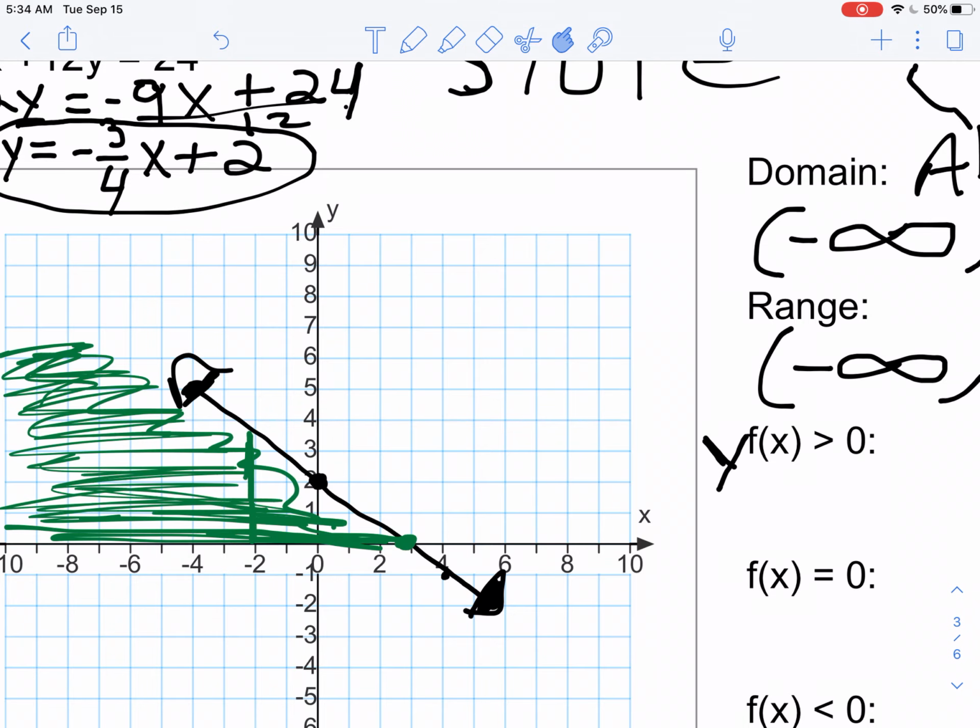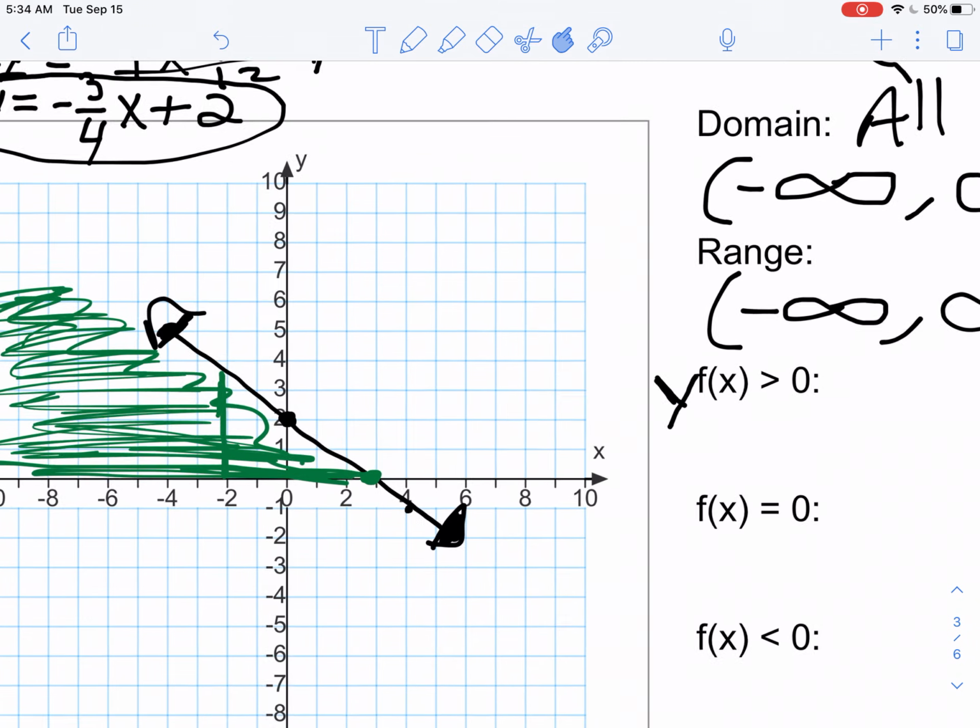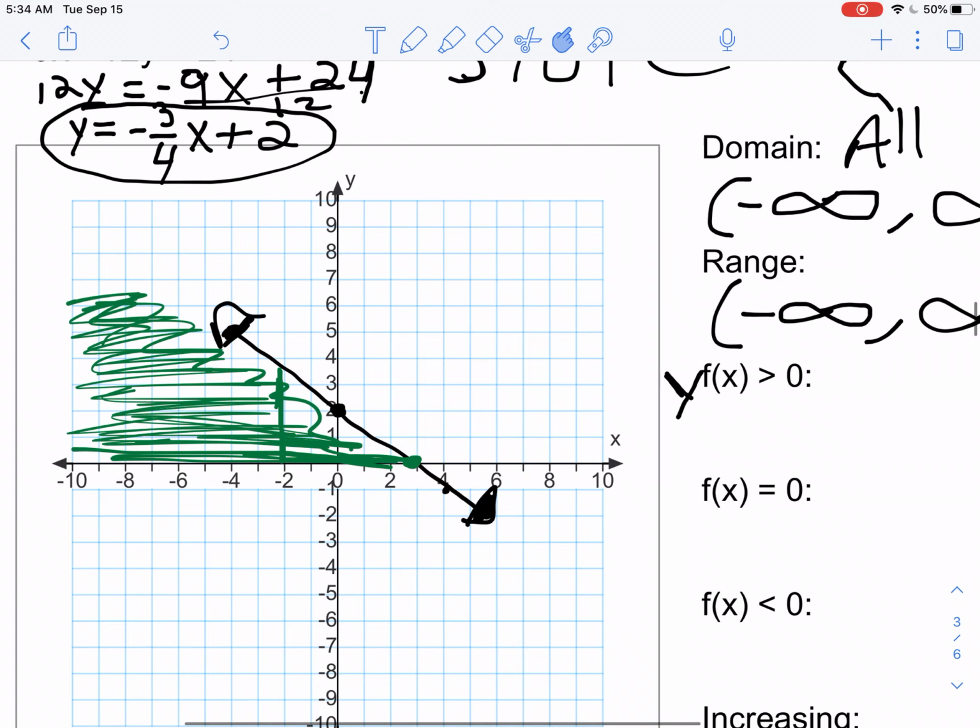So what that is, it's going to be from negative infinity to 3. But we need to think about, is 3 going to be included in our interval notation? Because that's going to affect what set of parentheses we use. This is asking, when is y greater than 0?